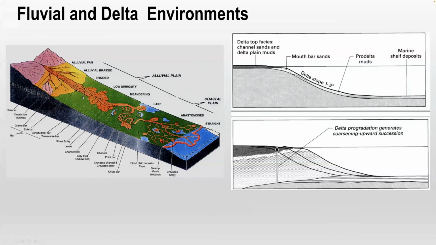But in this area, where you have a braided river, you have very good porosity. When we go near the sea, the size of sediments decreases, and in this area you have the finest sediments, or also in this area.